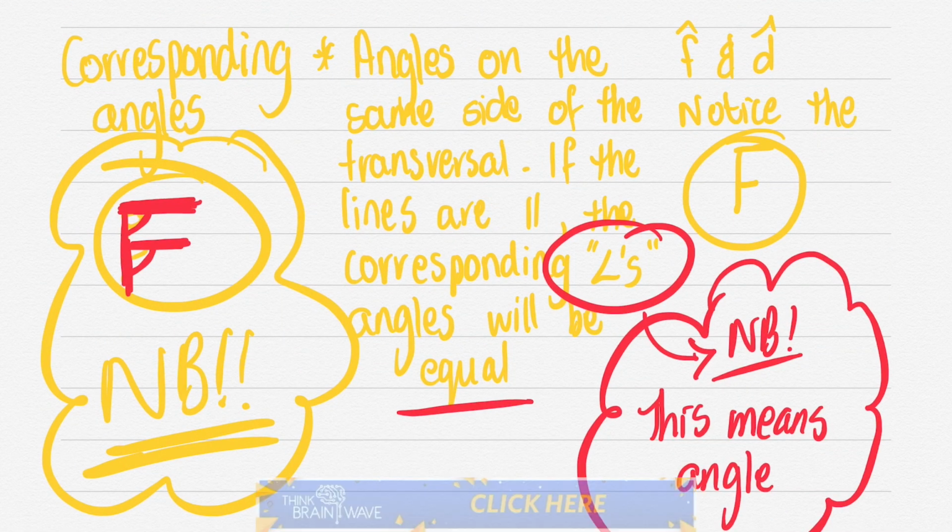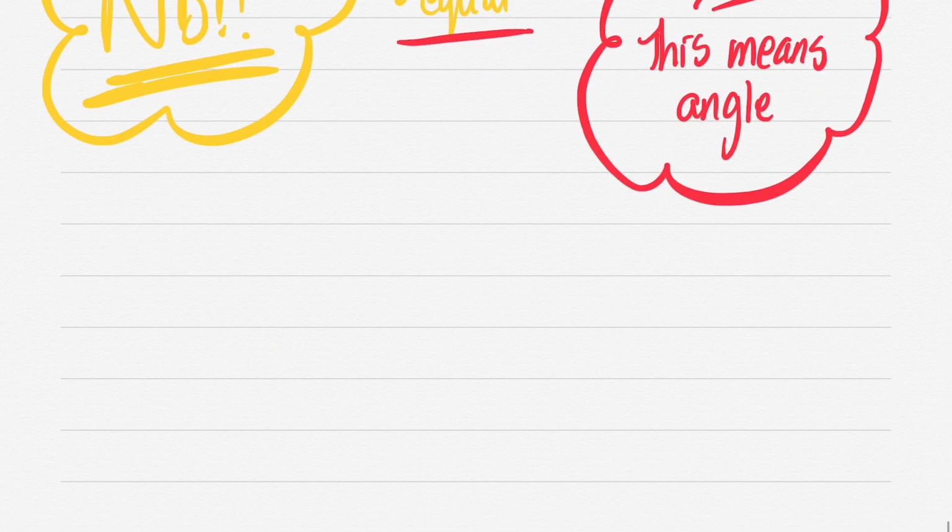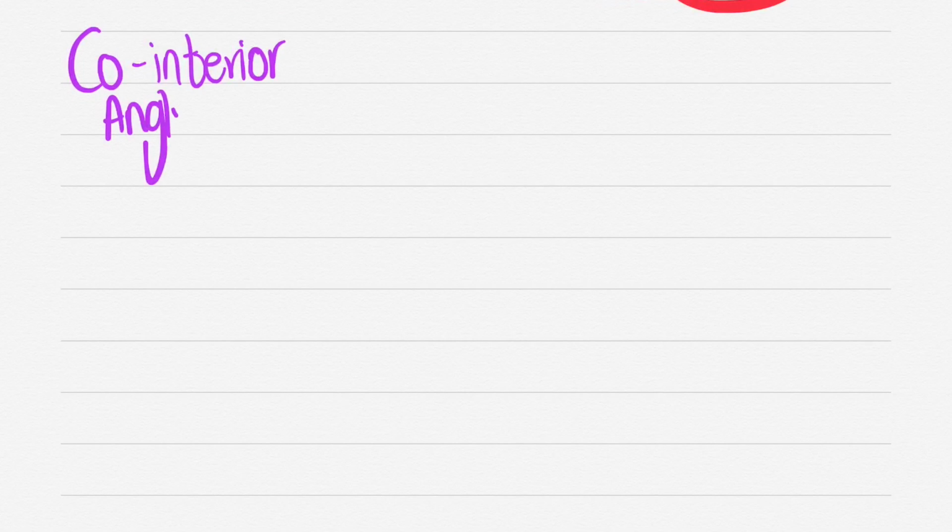So we have corresponding angles, and these are angles that are on the same side of the transversal and they're equal. Make sure that you understand your definitions. This section of geometry is very much a learning section. Now let's move on to our purple, our co-interior angles.